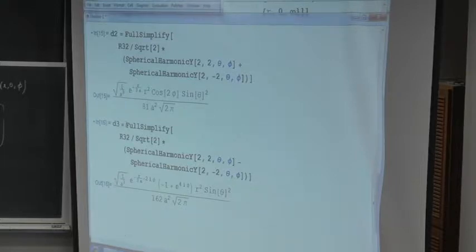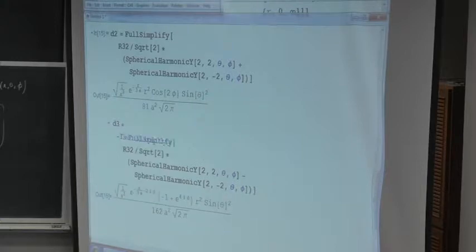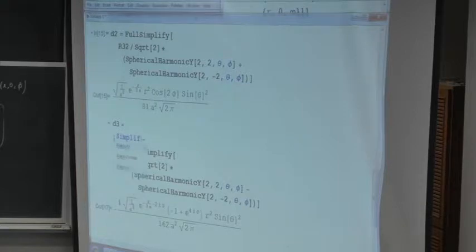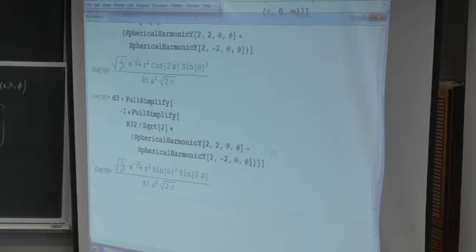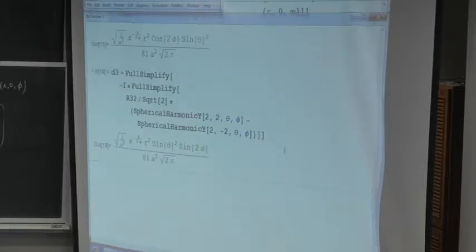So I multiply this with minus iota. Let's simplify this. Okay, so now I get the real function d3, the third d orbital, an eigenstate of the crystal field Hamiltonian.